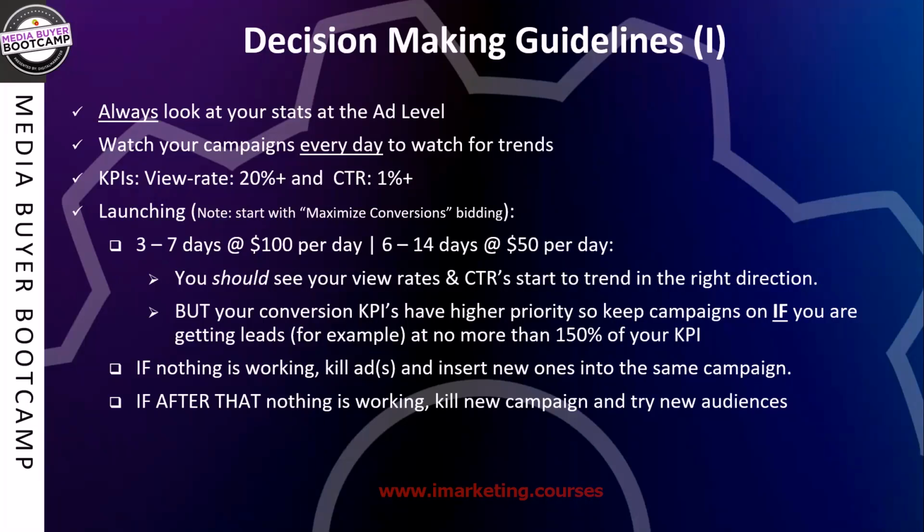What I mean is, if you are getting conversions at your desired KPI, let's say your target lead cost is $10 and you're getting them at $15, then you can keep the campaign on, even though the view rates and CTRs are low. You can fix that problem afterwards, and I'll explain how.